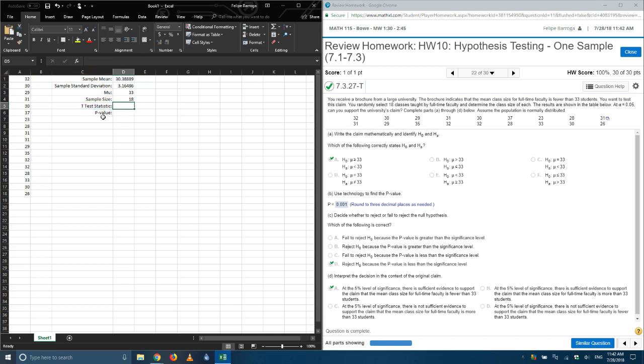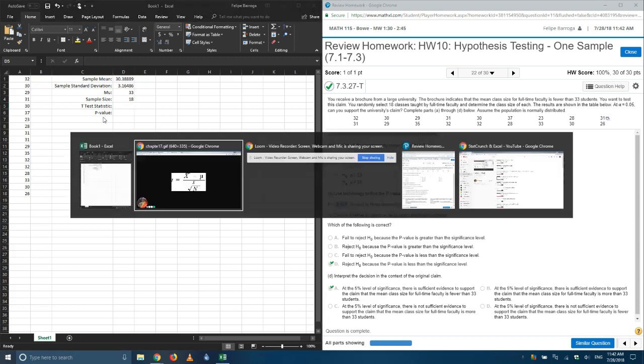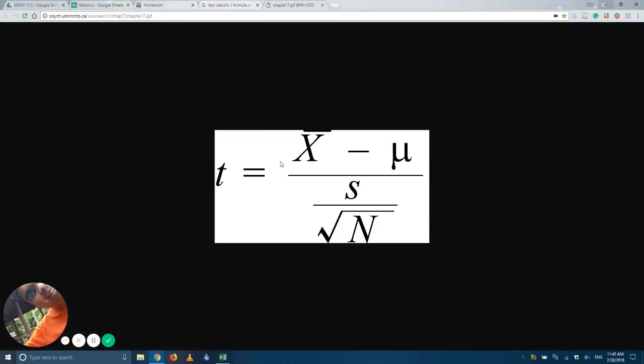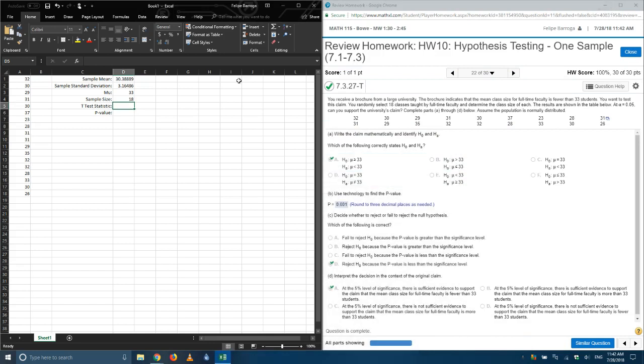Okay, so now we're just going to follow that formula. This one right here. So what we'll do is, and this is where the parentheses are important too. Parentheses open, we want to do the subtraction first. So we'll take the sample mean, subtract it with the mu, close that parenthesis there, and then we want to divide.